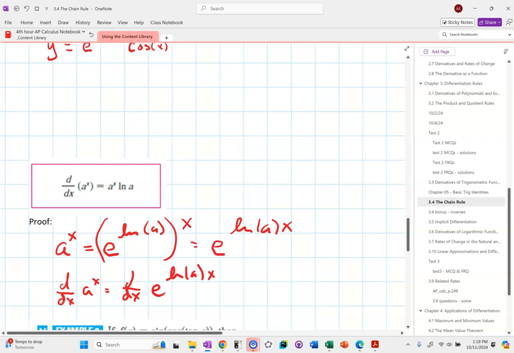Now that looks like a chain rule problem, right? What's the outer function going to be? E to the x, and the inner is natural log a times x, right? So the derivative of the outside is that times the derivative of the inside. What's the derivative of ln a times x?